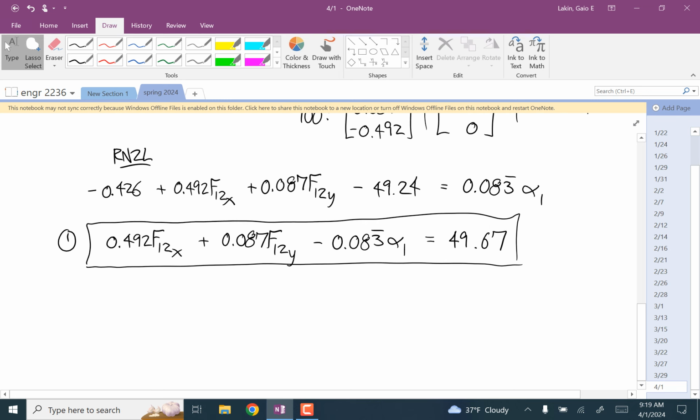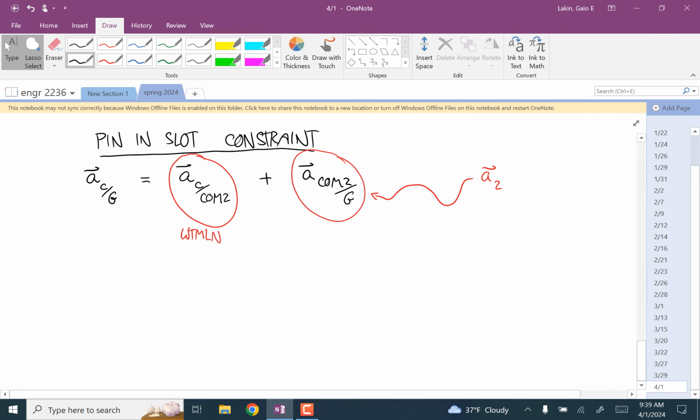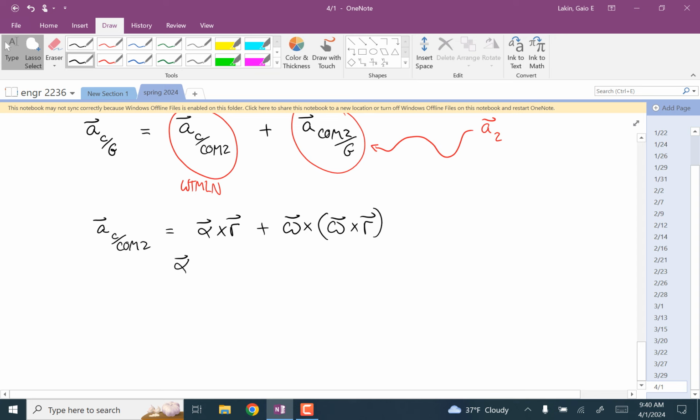Okay, so next, member 2. So go ahead and do that. The acceleration of the point C relative to the center of mass of body 2 is alpha cross r plus omega cross quantity omega cross r. Our alpha vector is 0, 0, and the third component is alpha 2, that's right.